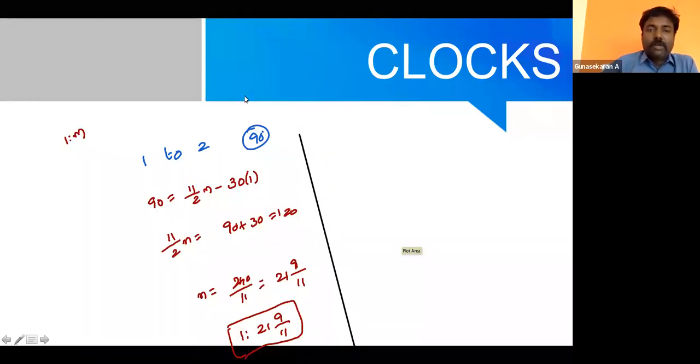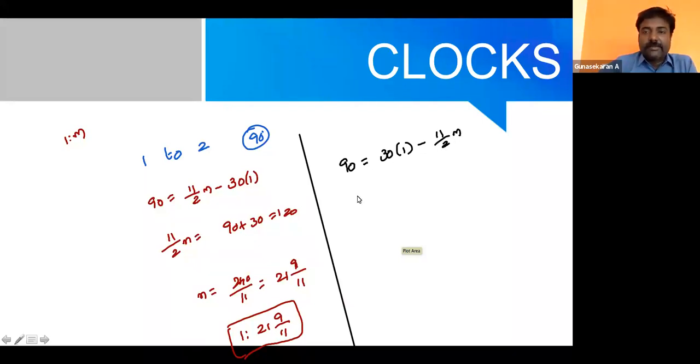But we know that one more time is there. So the same formula, 90-degree equal to 30h minus 11 by 2m. So write b minus c.